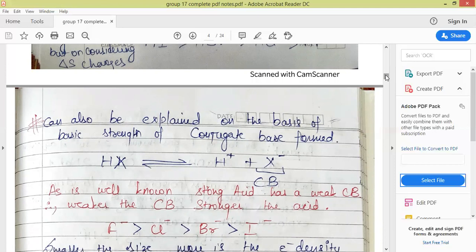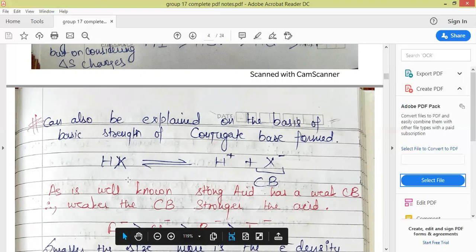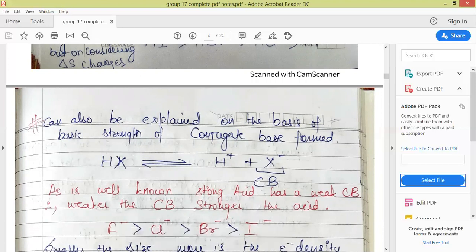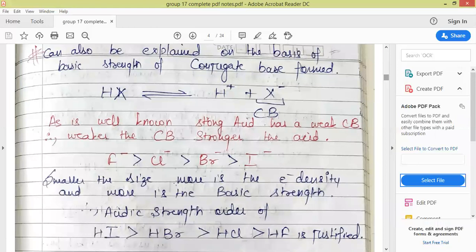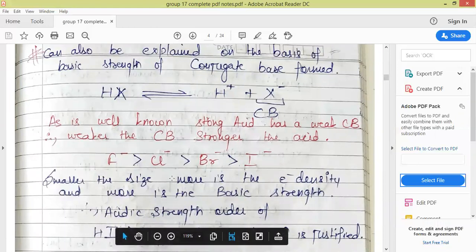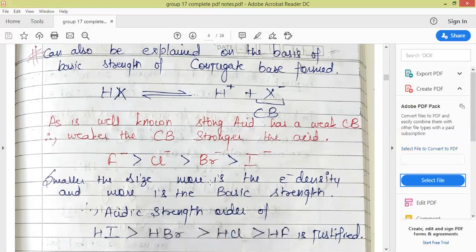So if HX is more acidic, then its corresponding X negative, that is, the conjugate base, is a weak conjugate base. So for comparing HF and HI, the one having the stronger conjugate base would be the weak acid. These are the corresponding conjugate bases for all the halogens.